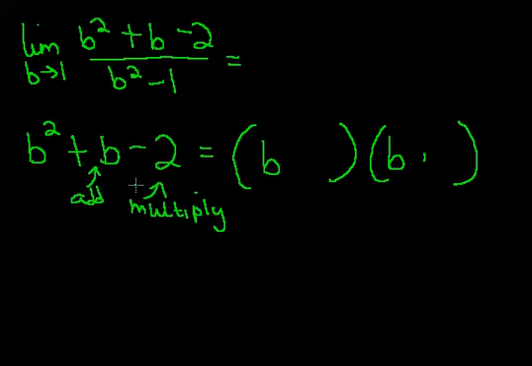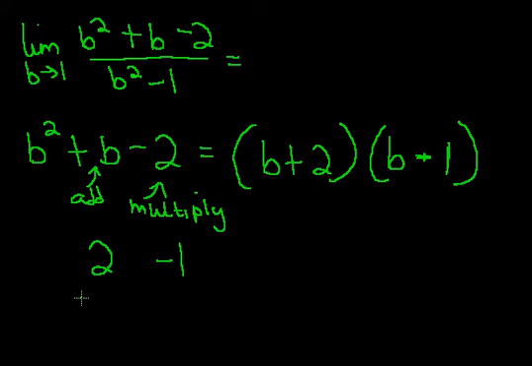So what are two numbers that multiply to -2, but they add to 1? Well, the numbers are 2 and -1. And we can see that 2 times -1 is -2, and 2 plus -1 is 1. So it's b plus 2 and b minus 1.